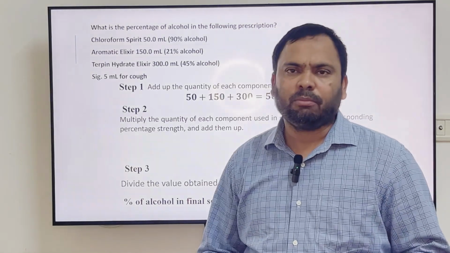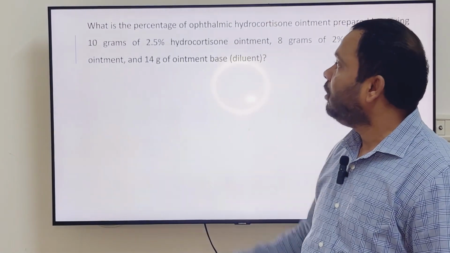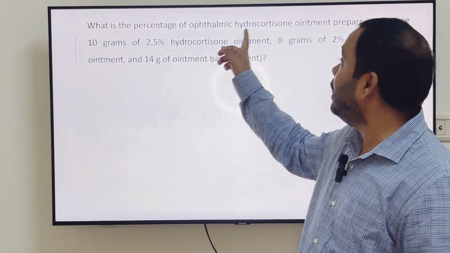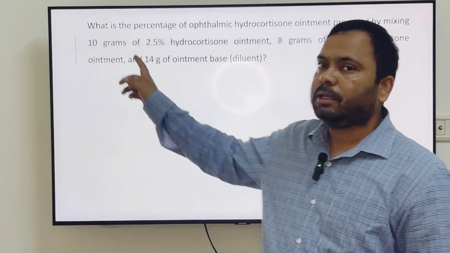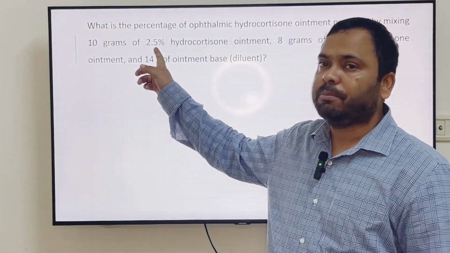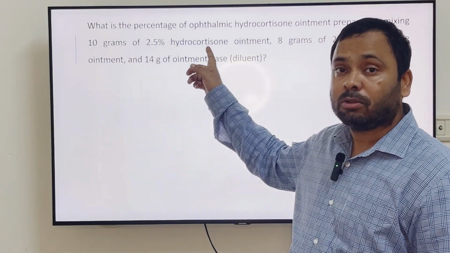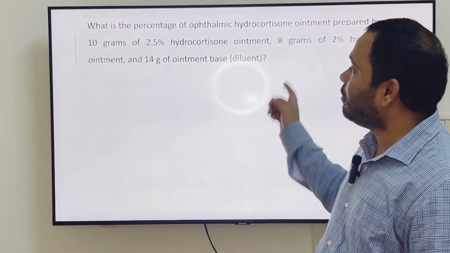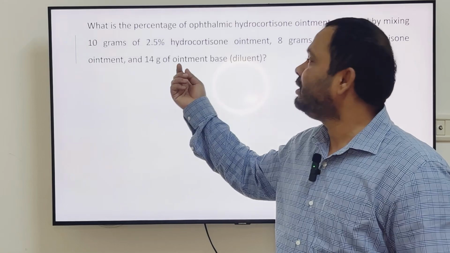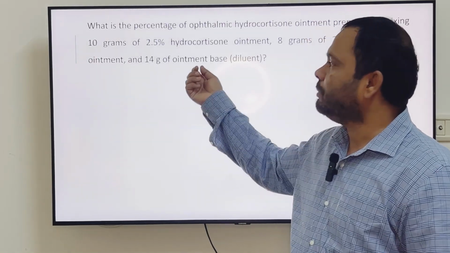Now we are going to another example, right? What is the percentage of ophthalmic hydrocortisone ointment prepared by mixing 10 gram of 2.5% hydrocortisone ointment, 8 gram of 2% hydrocortisone ointment, and 14 gram of ointment base?